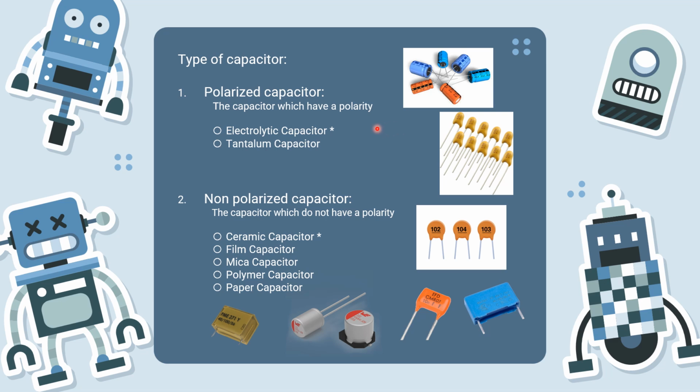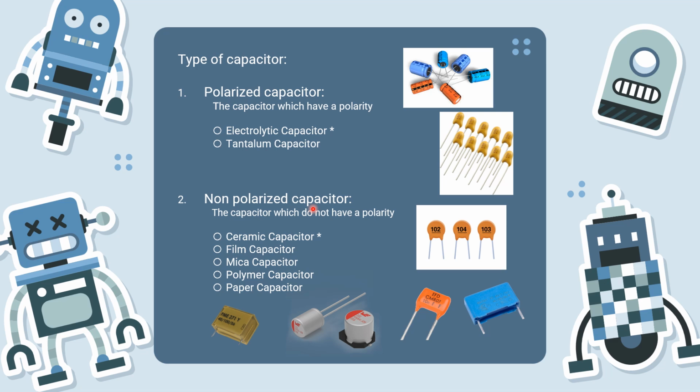So don't worry about which pin is negative and which pin is positive; we will get to know that. The electrolytic capacitor and tantalum capacitor are both polarized capacitors, and ceramic capacitor, film capacitor, mica, polymer, and paper are kinds of non-polarized capacitors.